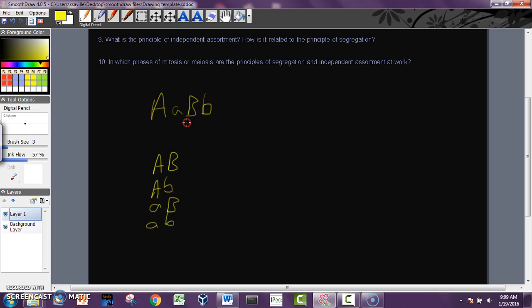We can get that if we have independent assortment, and that happens during meiosis. So we'll come back to that. I'll show you how that happens in meiosis in a minute.